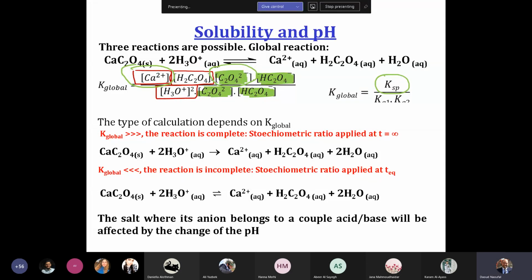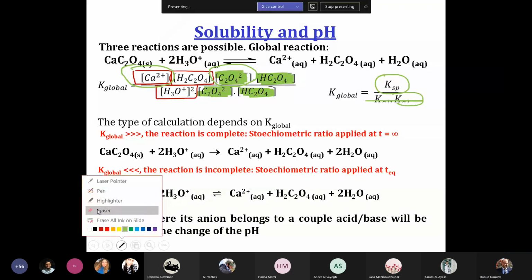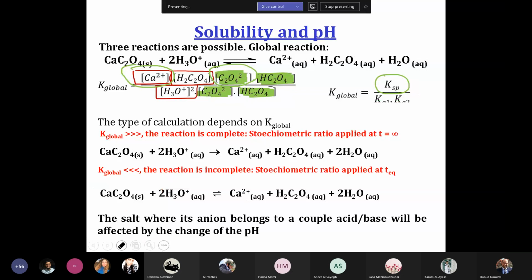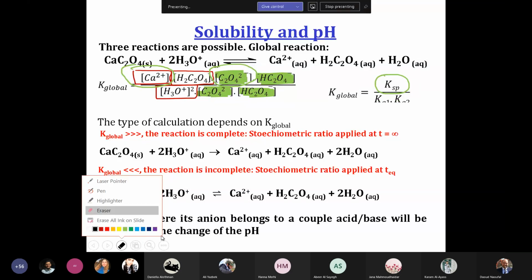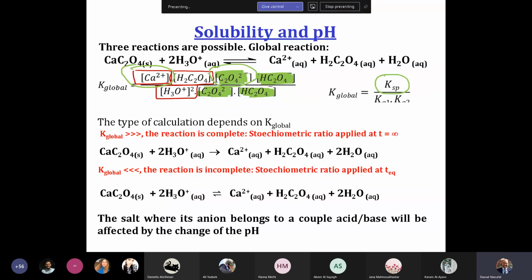C2O4 2- times H3O+ divided by HC2O4- is Ka2.